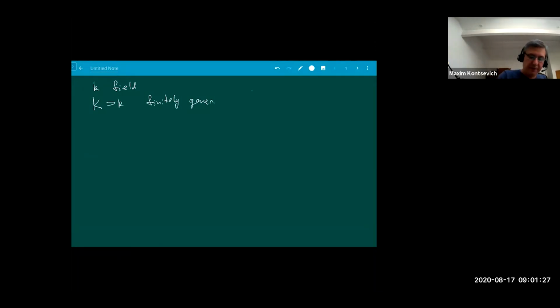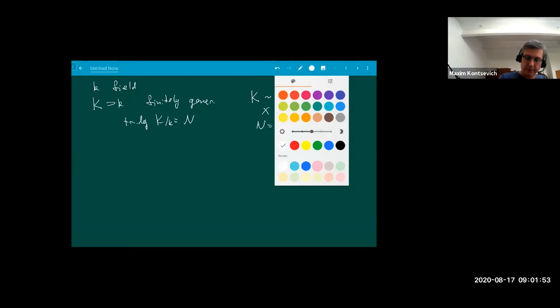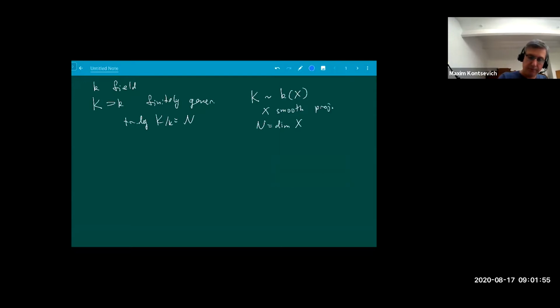It means that the field K is isomorphic to the field of rational functions on some algebraic variety. There are many varieties; X could be a smooth projective variety of dimension n, the transcendence degree of K over k. But there are many such varieties. Each such variety we will call a model.